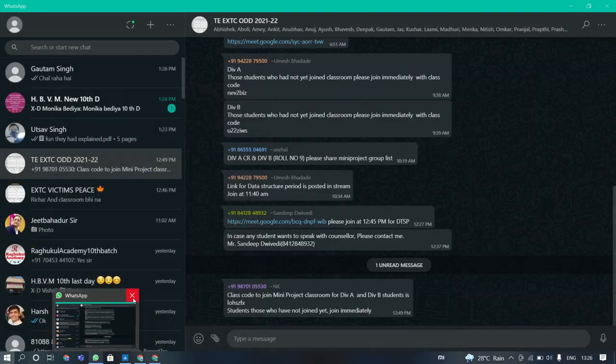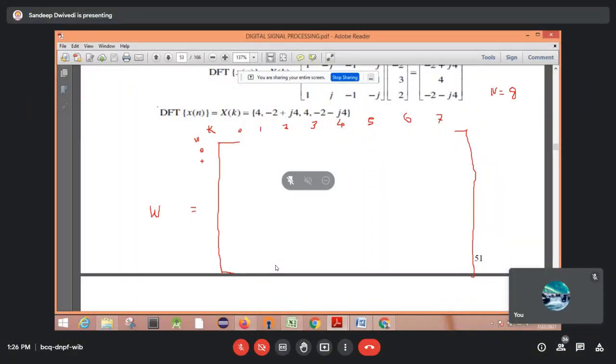In the same manner, the value of n will be 0, 1, 2, 3, 4, 5, 6 and 7. Here the first element is W raised to power 0. Row 0 is multiplied with all the columns, so all the elements will be W raised to power 0.